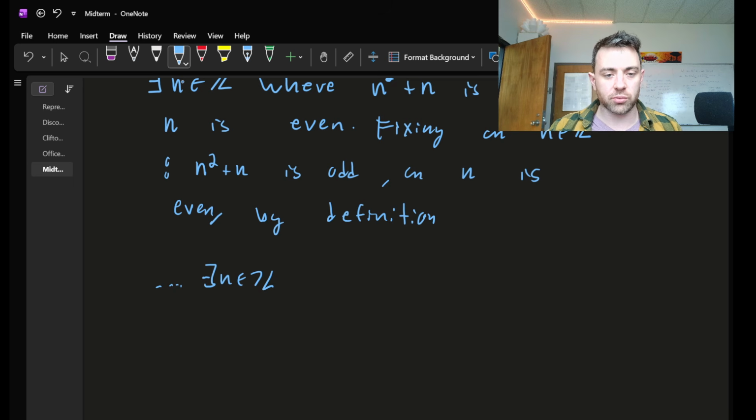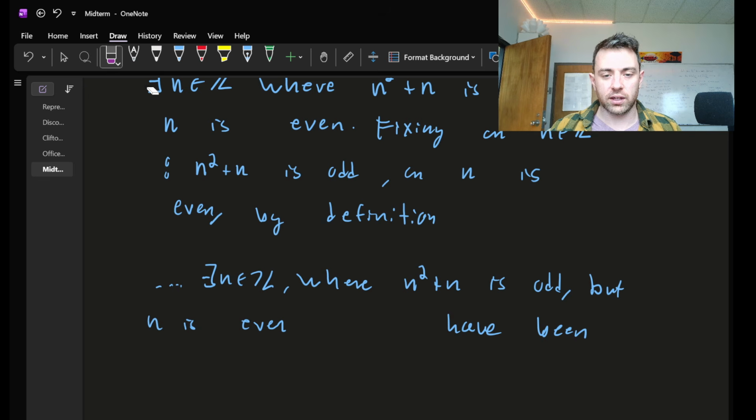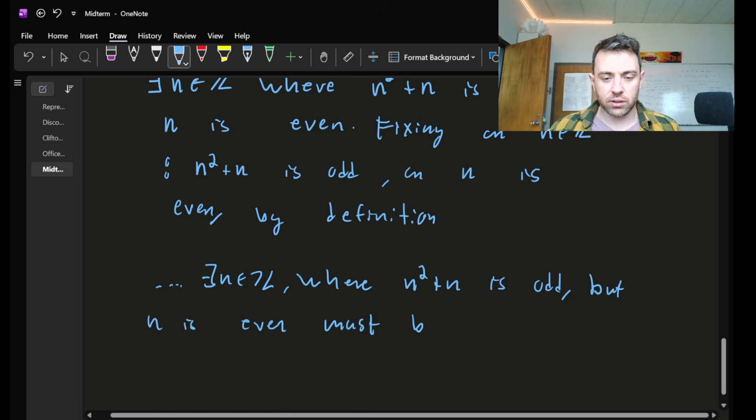So therefore the assumption that there exists n where n squared is odd but n is even must have been faulty, or we could even say must be false, hence the negation is true.